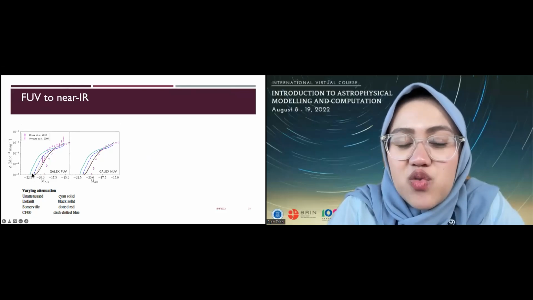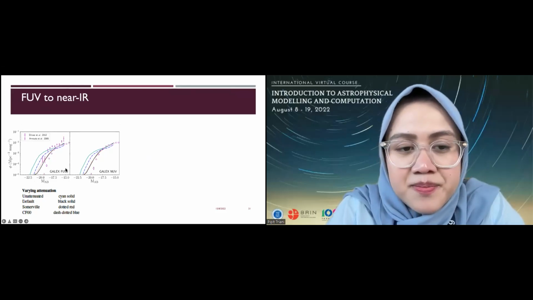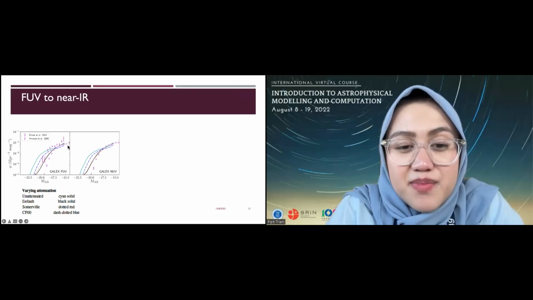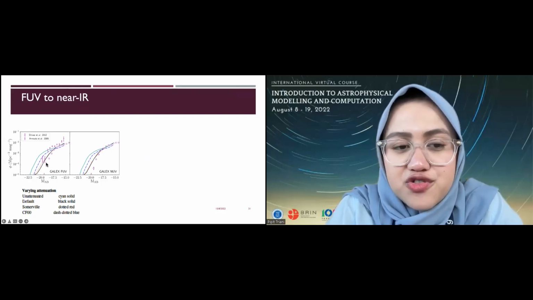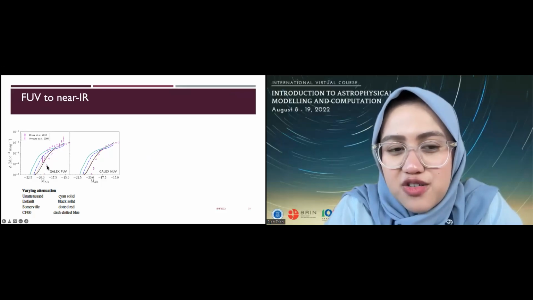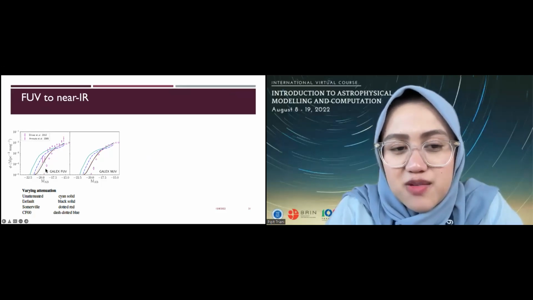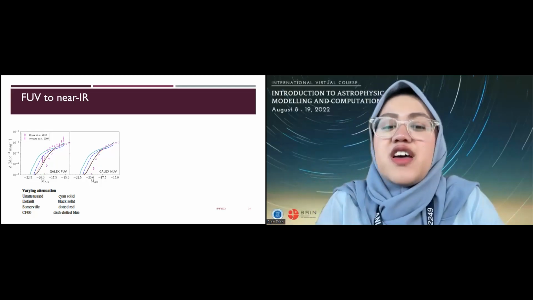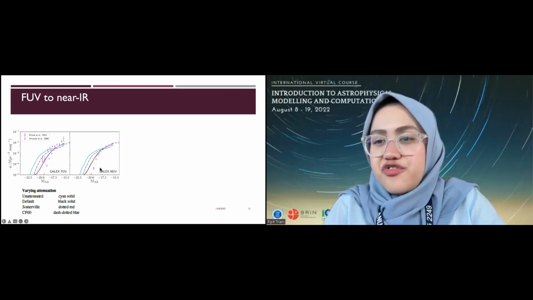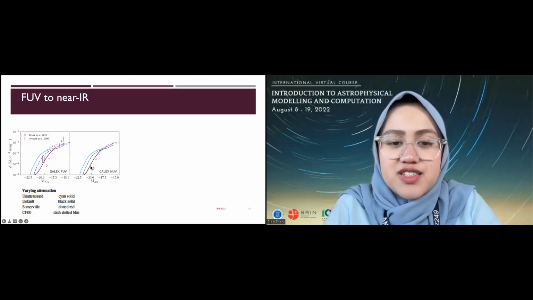This is the bright end, and this is the fainter end. We see that the model still over-reproduces the bright UV luminosity galaxies. It's either that, or we still haven't found enough bright UV galaxies in the observations.